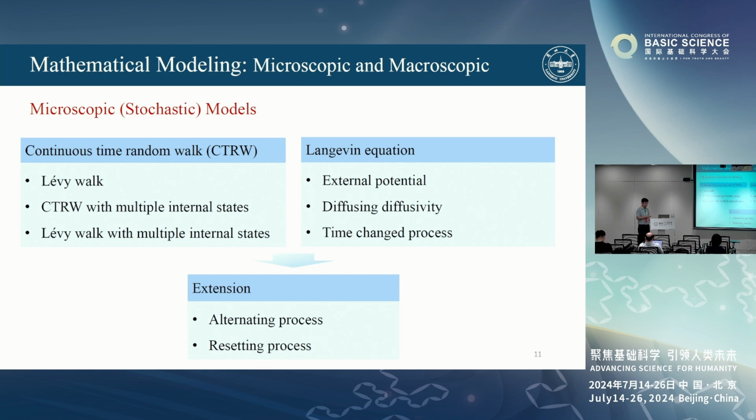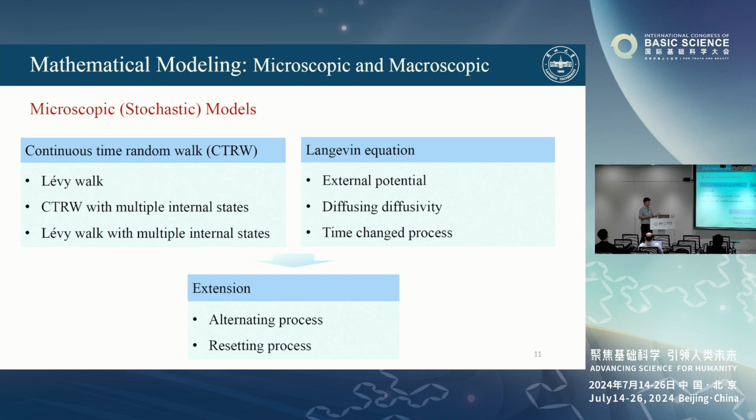Diffusivity means we can get a stochastic process that has a stochastic coefficient. And we also use some ways to get a new stochastic process by doing a time change to an existing process. For example, we can do a time change to Brownian motion to get the Levy process.